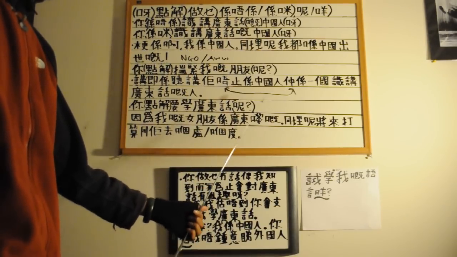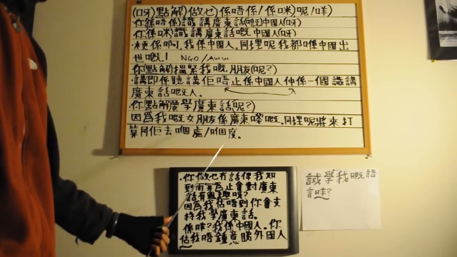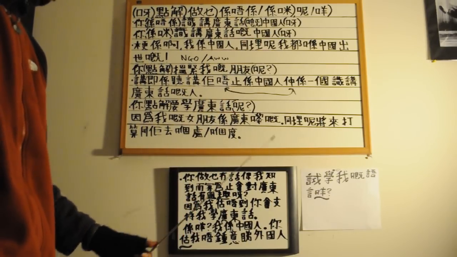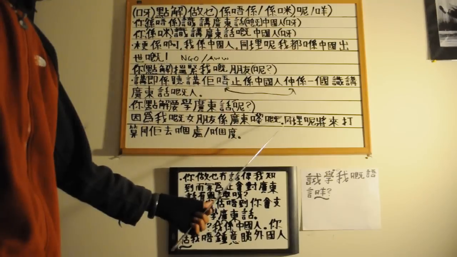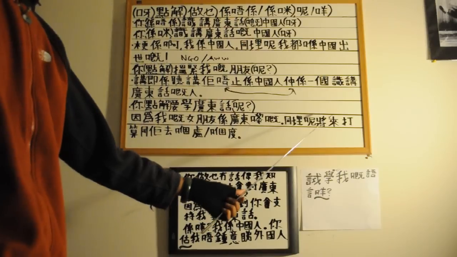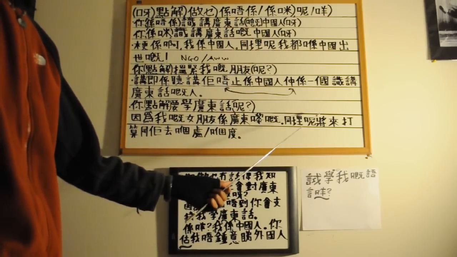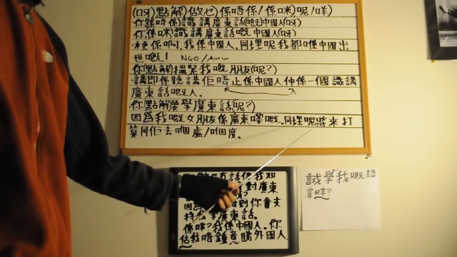So 嚟嘅, from, there's that ge again like before, from Canton, from Hong Kong, okay? 同埋呢, moreover. 將來, I'm thinking I'm pronouncing this wrong, but I think that's right.